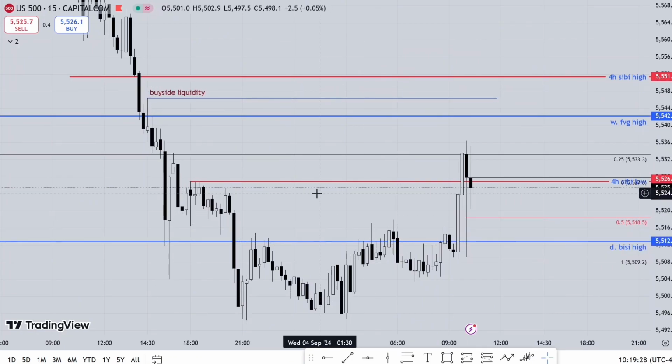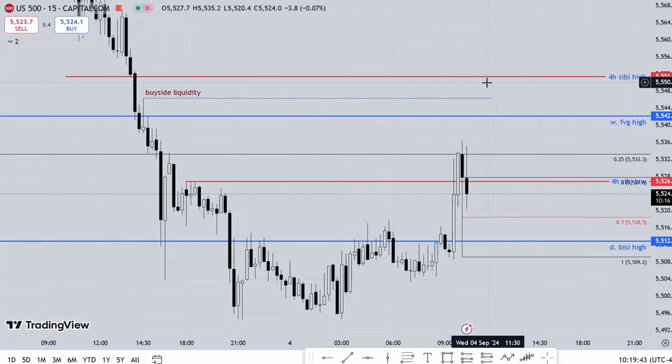The algorithm works in an if and then syntax. If this, then that will happen. If that, then this will happen. That is the language that the algorithm understands. The joint liquidity for this intraday trading, for this day's trading, is this 4 hour CB, because we reacted from this daily.